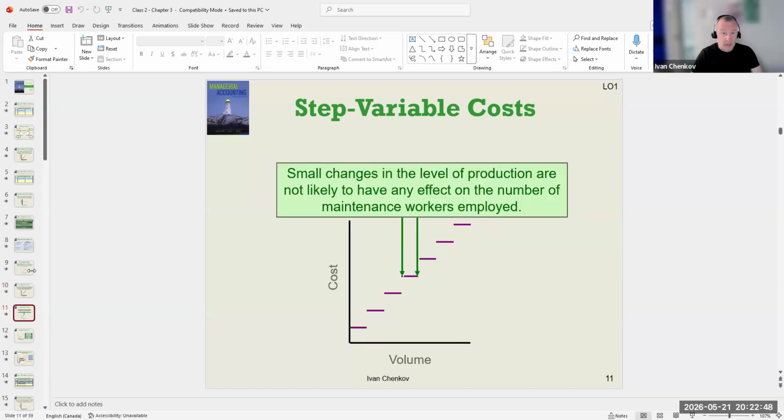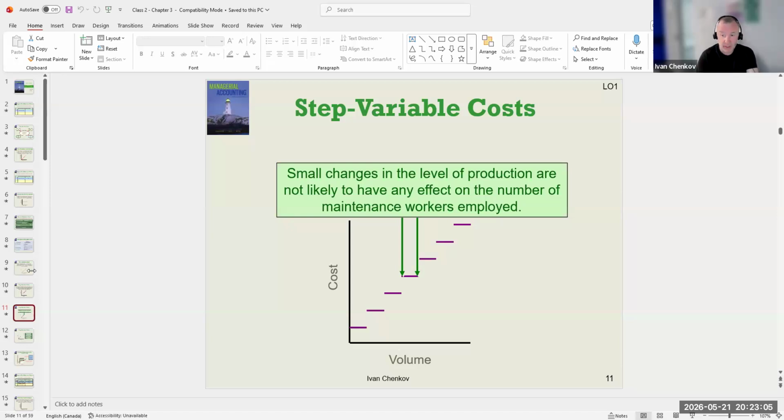What makes it step variable is that small changes in the level of production are not likely to have a big effect. So basically, if the occupancy of the rooms goes up or down by one or two, we can still maintain it with the current workers.